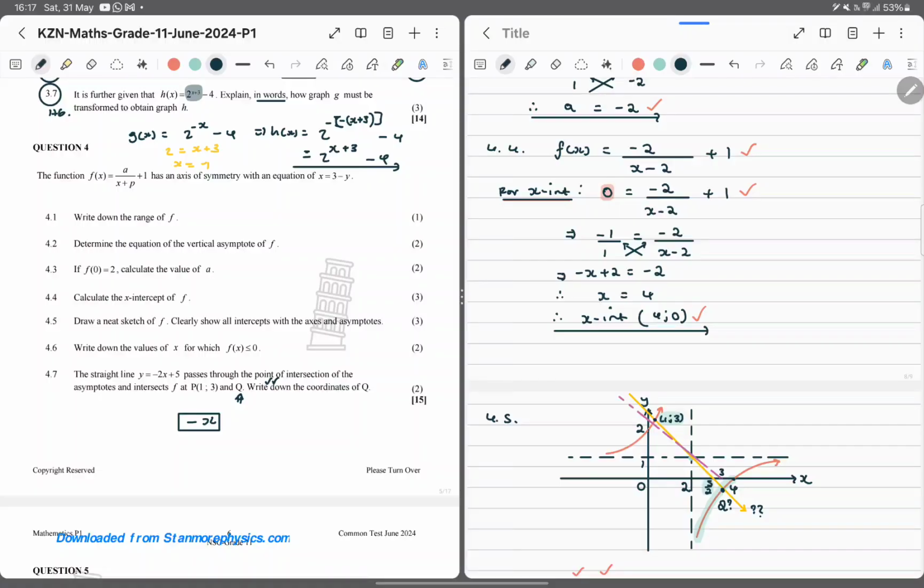Okay, so this line you can see it's not exactly the axis of symmetry, right? But the gradient is minus 2. Okay, but write down the coordinates of Q. You know, guys, I would like to believe that if you look at this graph, this is going to be 3 and minus 1.